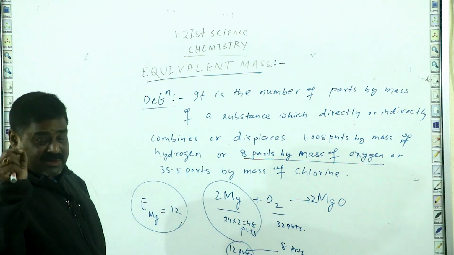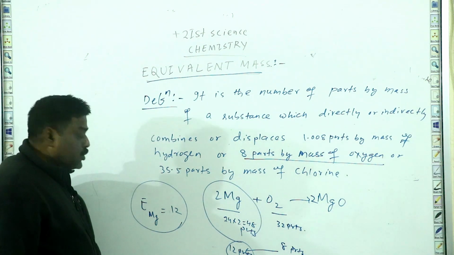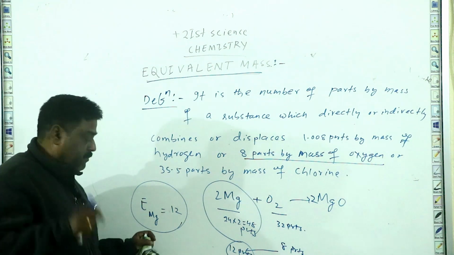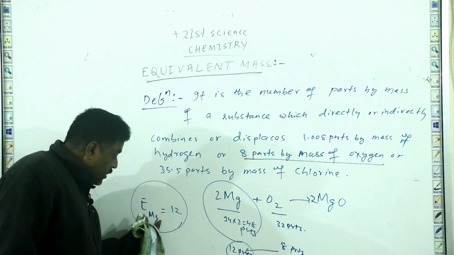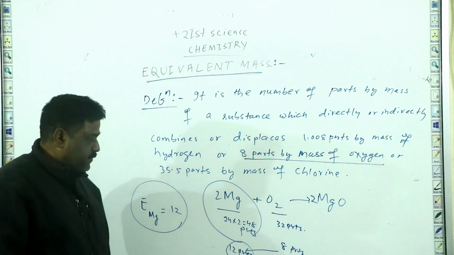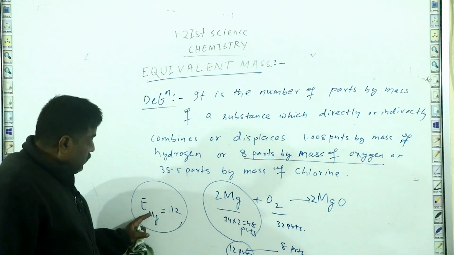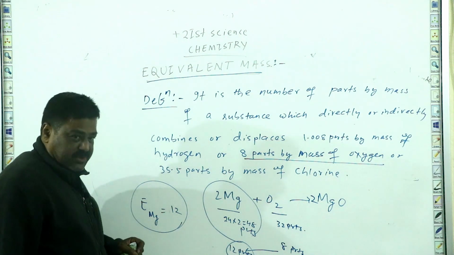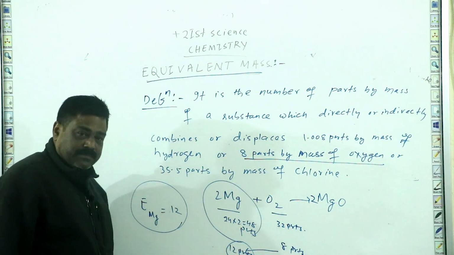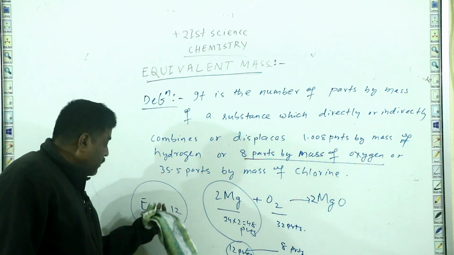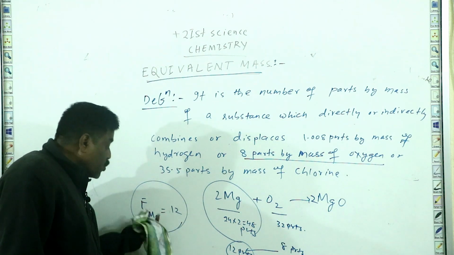Now you mark one thing. You know magnesium is an atom. So the atomic mass of magnesium is 24. Right? The equivalent mass of magnesium is 12, but the valence is 2.